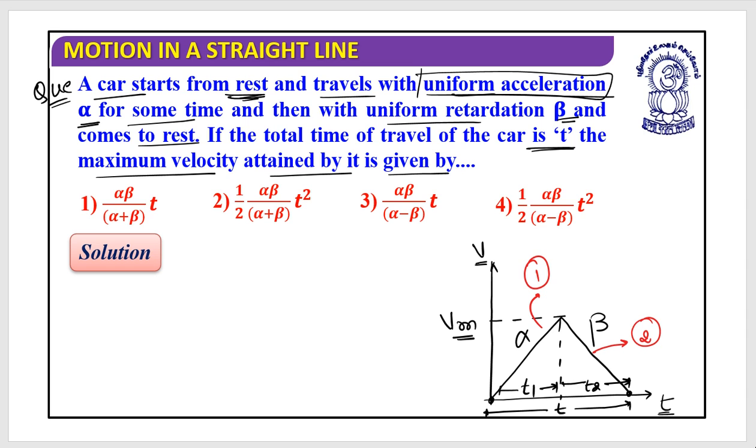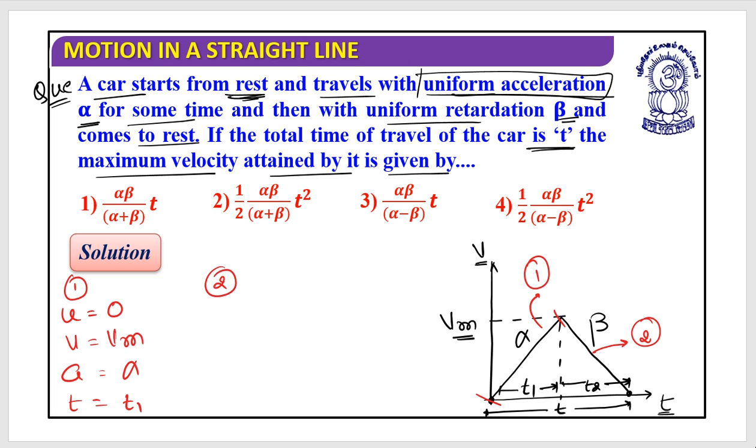In my first segment, my initial velocity is 0. My final velocity would be equal to Vm. My acceleration is alpha and my time taken is t1. I hope these things are clear to you.